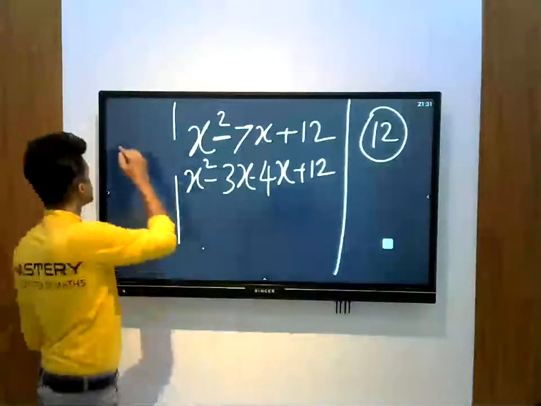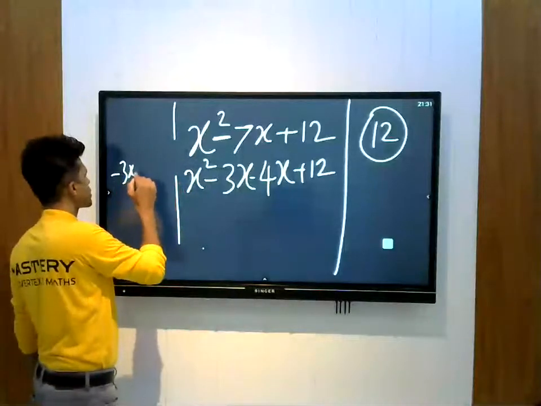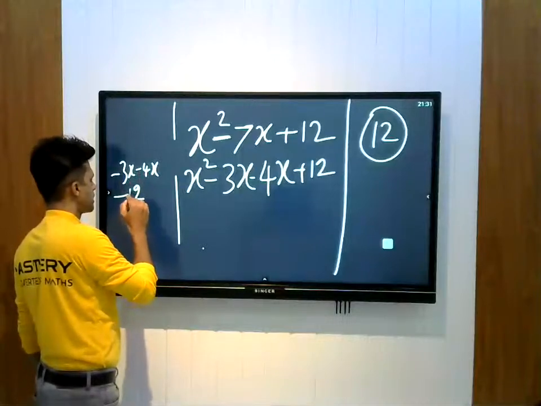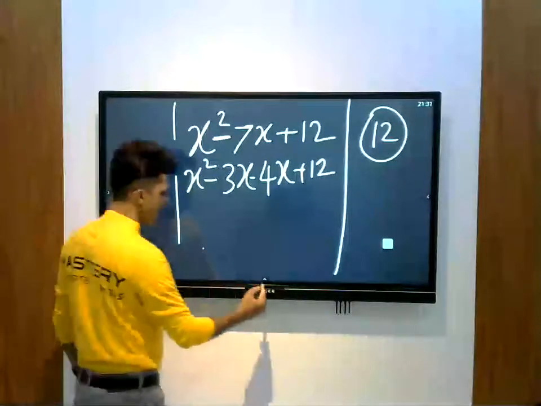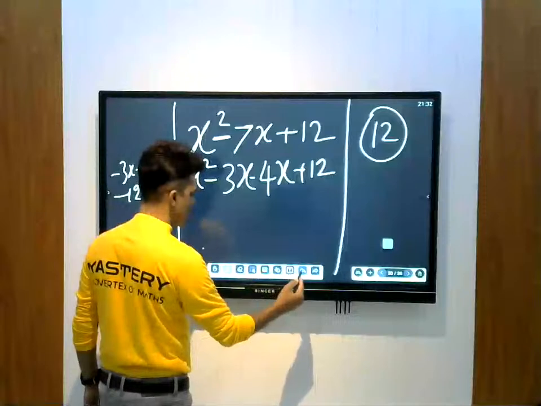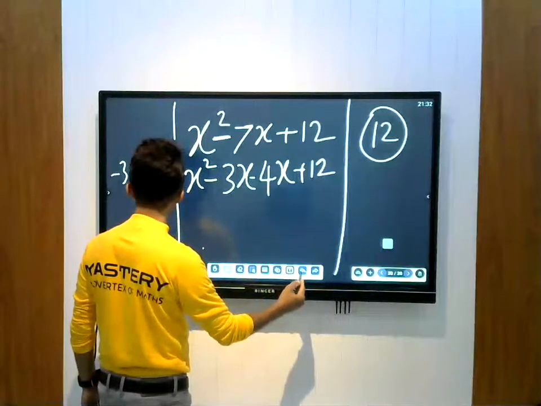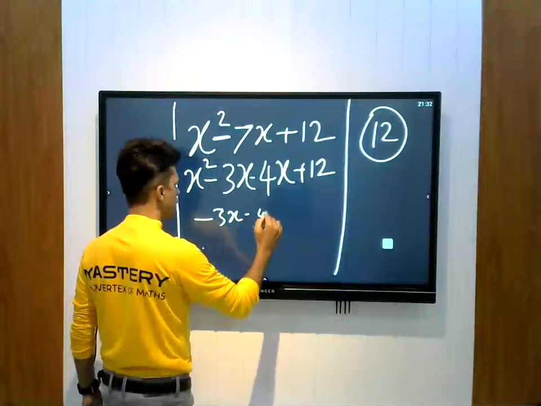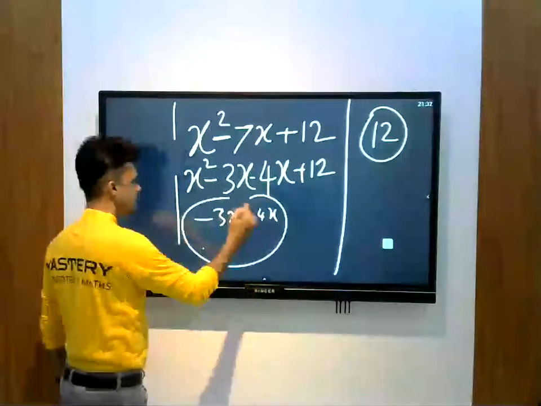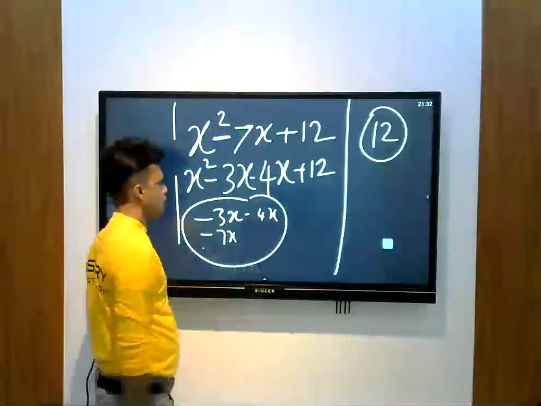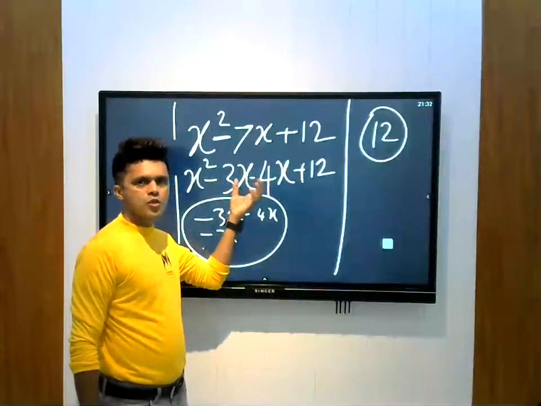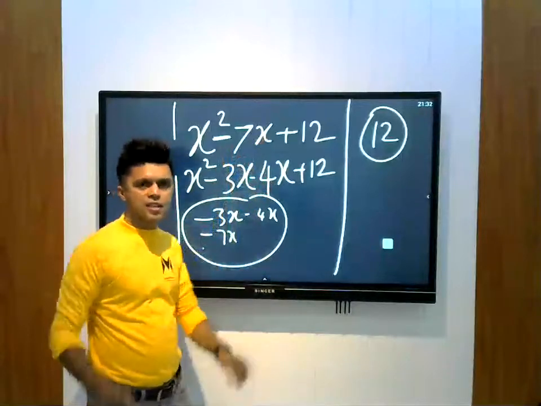When you simplify minus 3x and minus 4x, you know that is minus 7x.